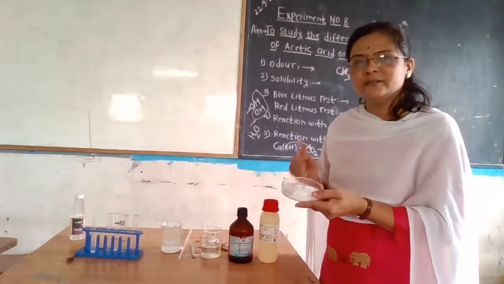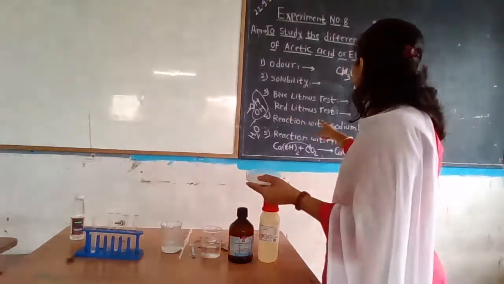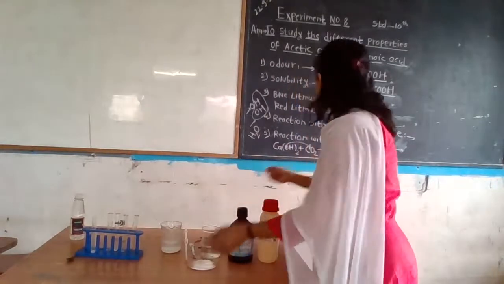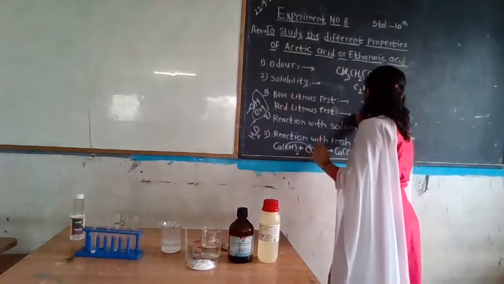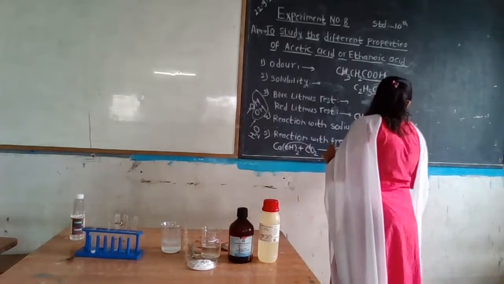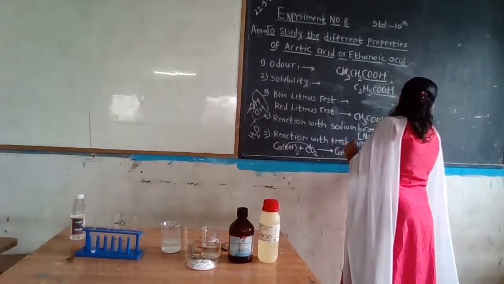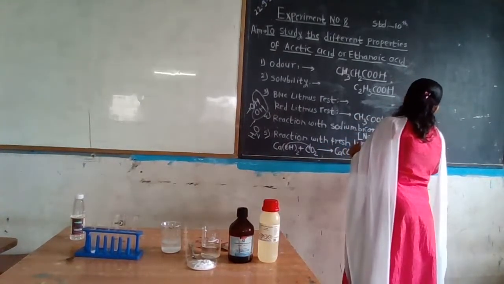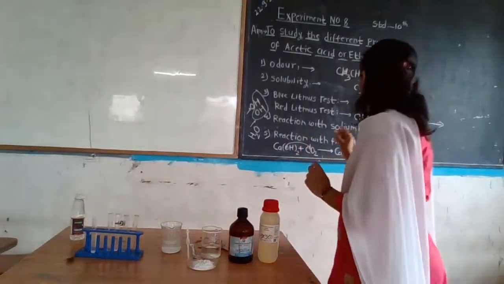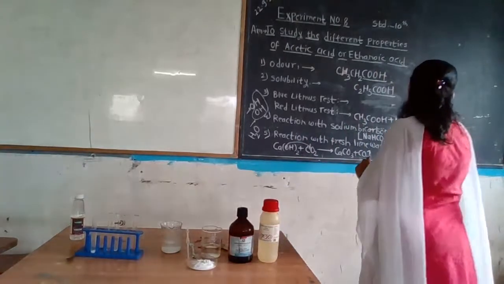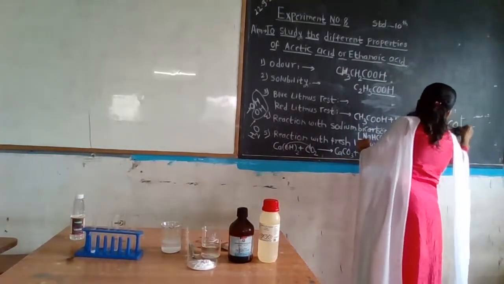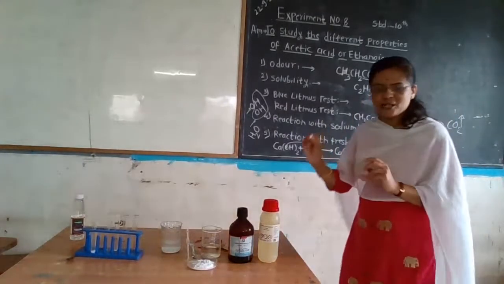The reaction between sodium bicarbonate and acetic acid takes place, CH3COOH plus NaHCO3. The reaction takes place and carbon dioxide gas is evolved from this reaction.